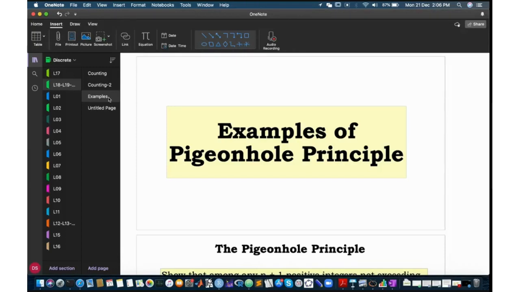Are there any questions before we dig into these examples on the pigeonhole principle or generalized pigeonhole principle? Are we good? Yes, sir.